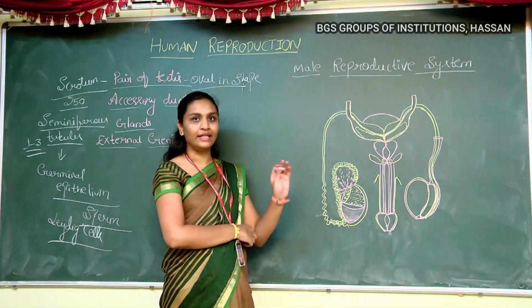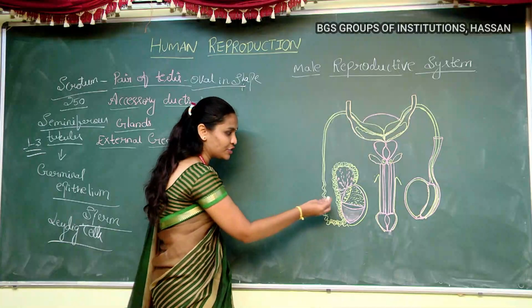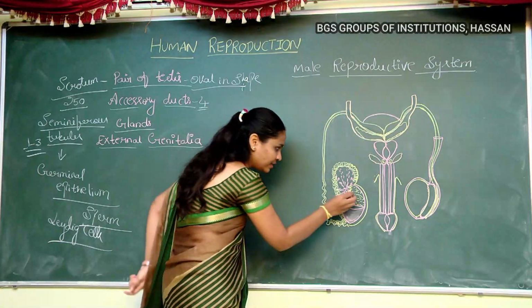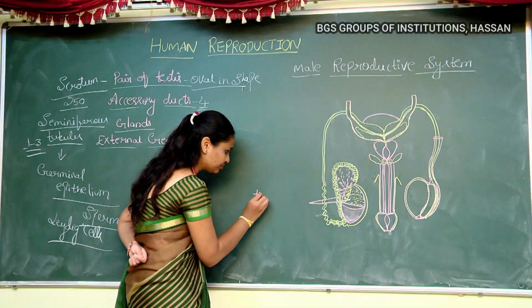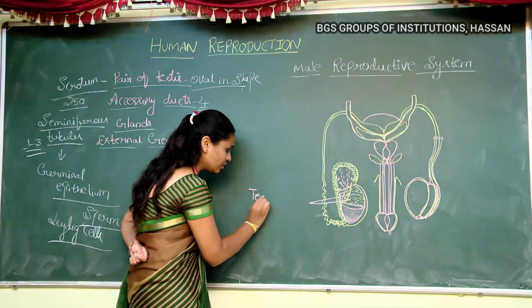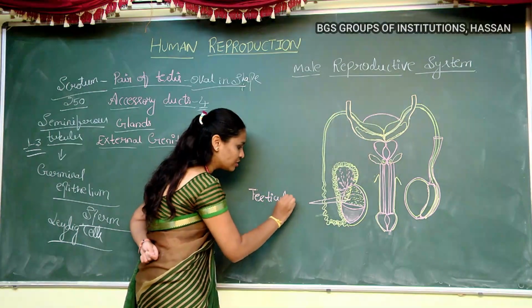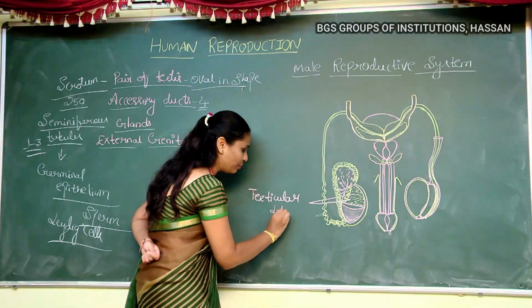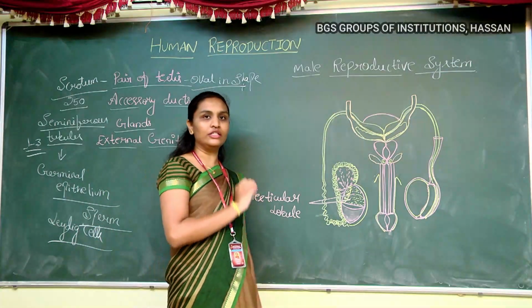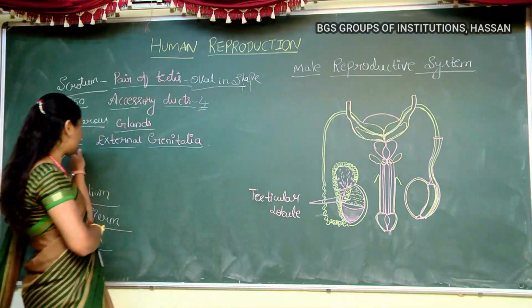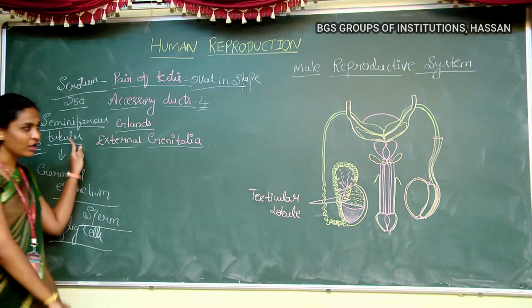Seminiferous tubules present in the compartments. They are called testicular lobules, and each lobule contains 1 to 3 highly coiled structure, that is known as seminiferous tubule.